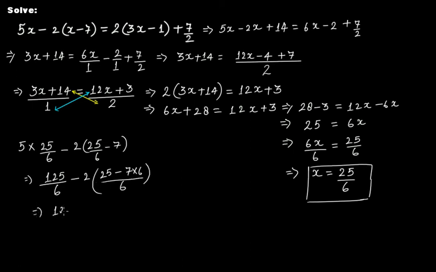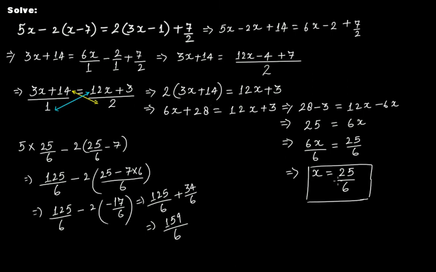This is 125 by 6 minus 2. 25 minus 42 is minus 17, so this becomes minus 17 by 6. If you further solve it, you get 125 by 6, and this is minus 2 times minus 17 by 6, which means plus 34 by 6. If you further solve it, you get 125 plus 34, which is 159, so 159 by 6.